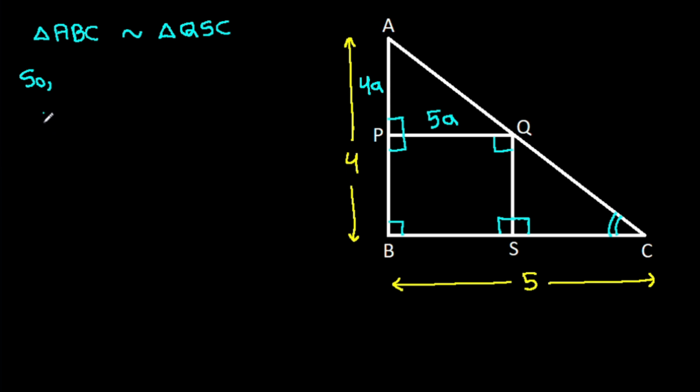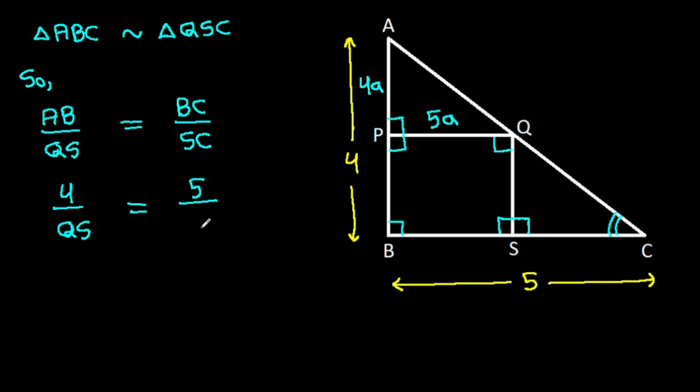So AB over QS will be equal to BC over SC, and AB is 4 over QS, it is equal to BC is 5 over SC, and 4 over 5 will be QS over SC.